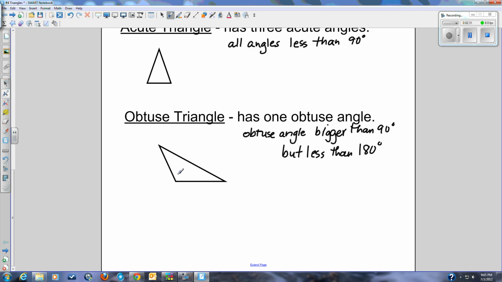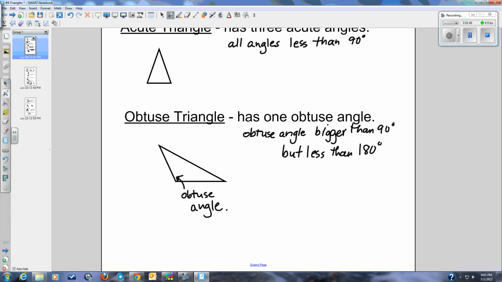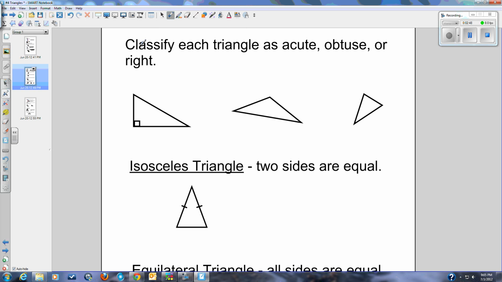Now in this particular triangle, it's this angle that I'm drawing an arrow to right here that is the obtuse angle. It's more than 90, less than 180. Okay, so let's move on to the next page.